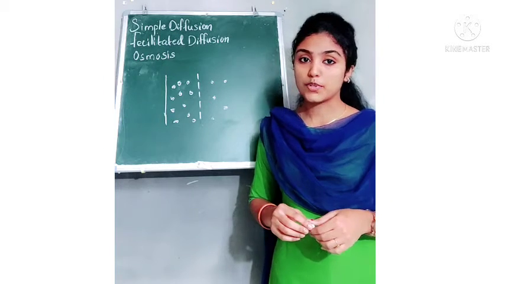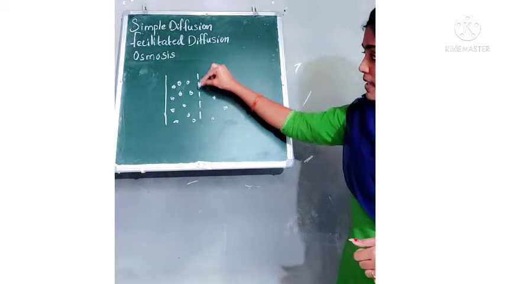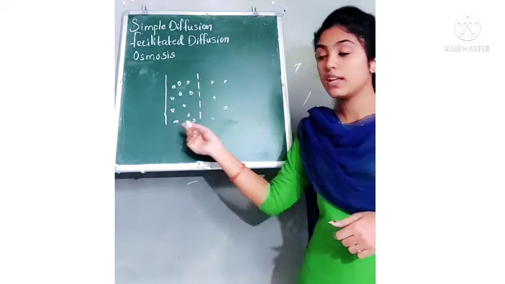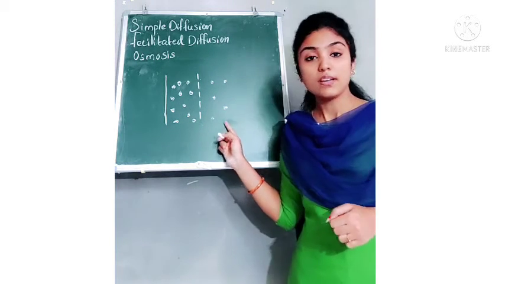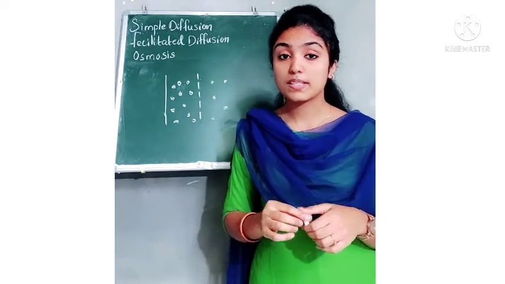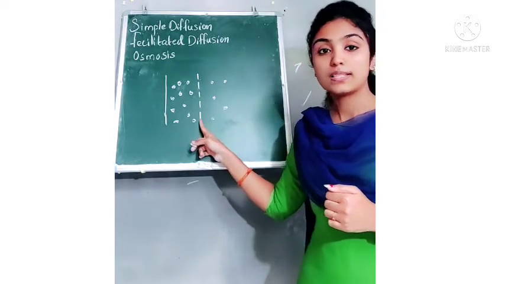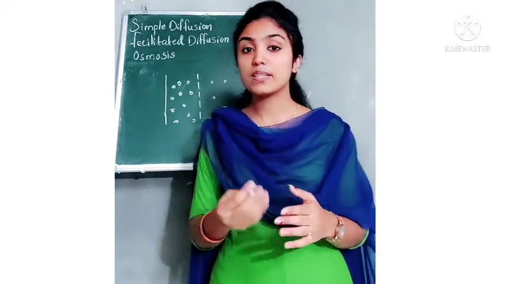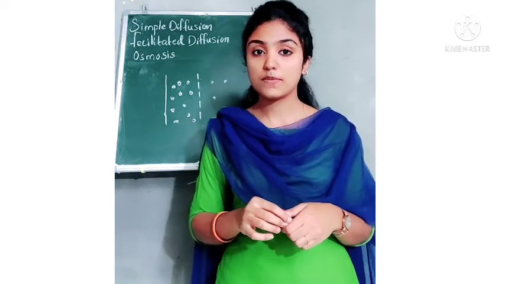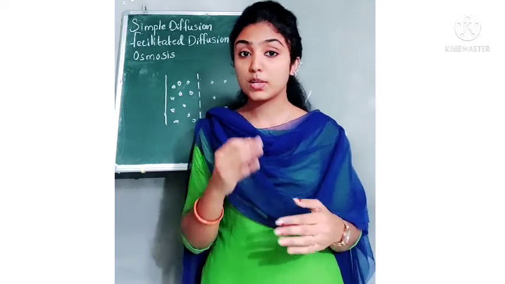In simple diffusion, you have seen a semi-permeable membrane between the higher concentrated region and the lower concentrated region. But simple diffusion also takes place in daily life without a semi-permeable membrane. Can you say some examples? The spreading of odor in our atmosphere is one.